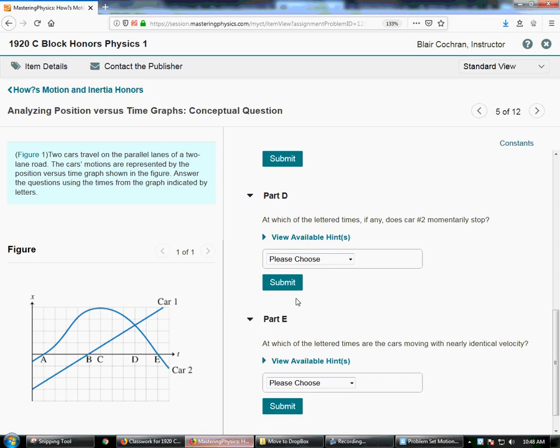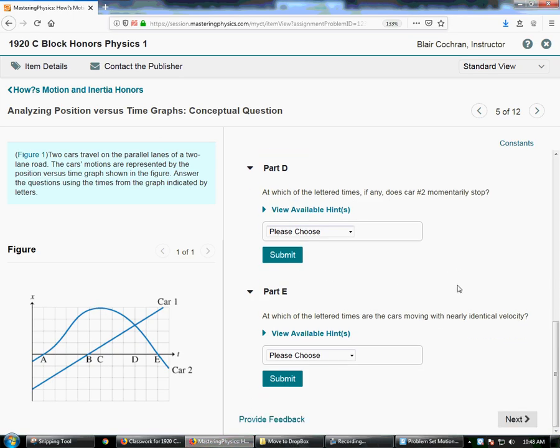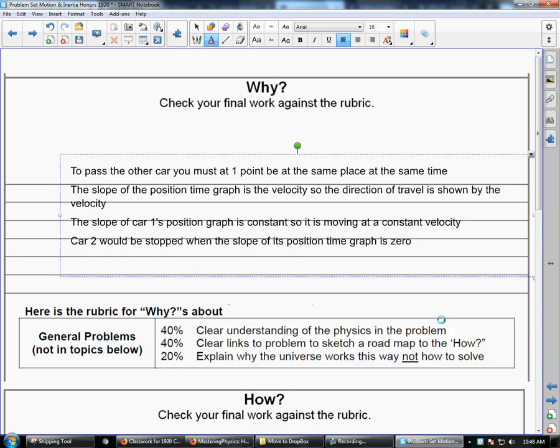So I'm showing that I understand the root to these. At which other times are the cars moving with nearly identical velocities? The two cars would have the same velocity when the slopes of their graphs are the same.